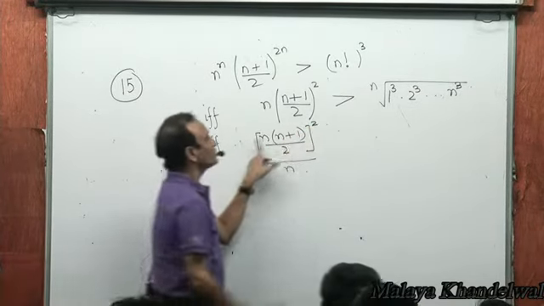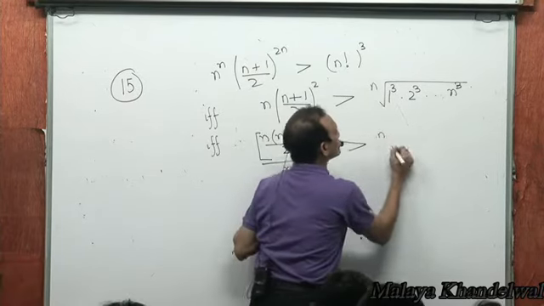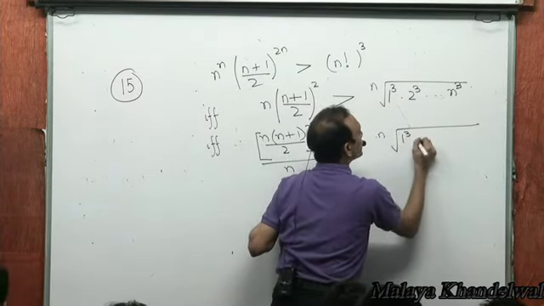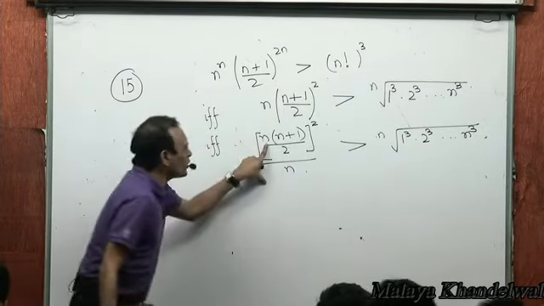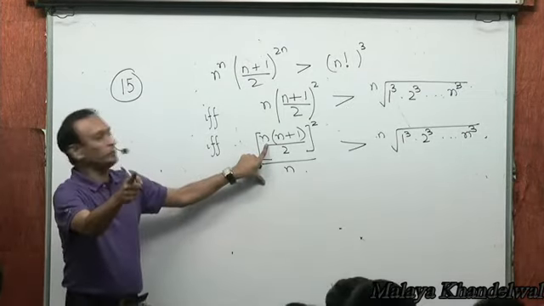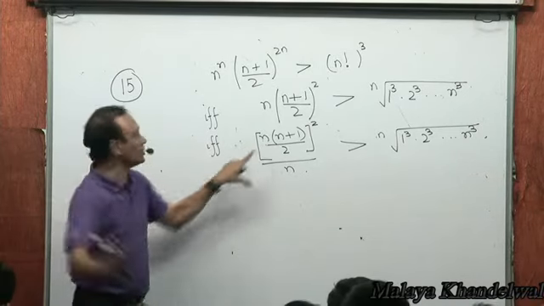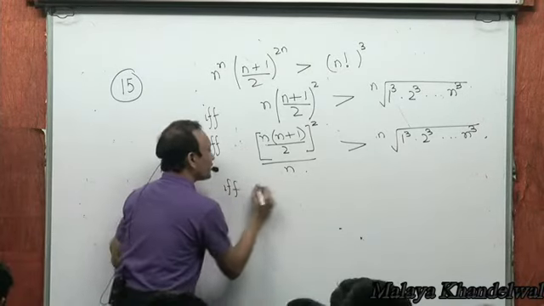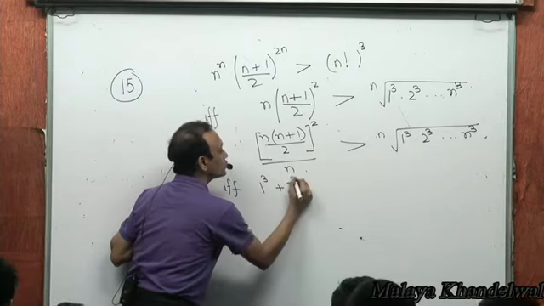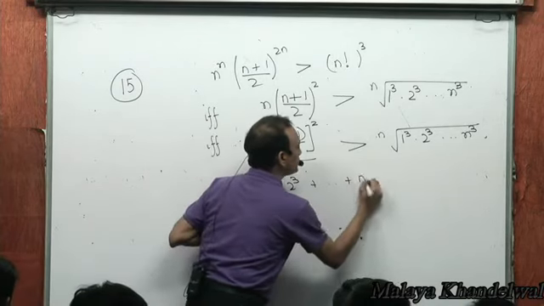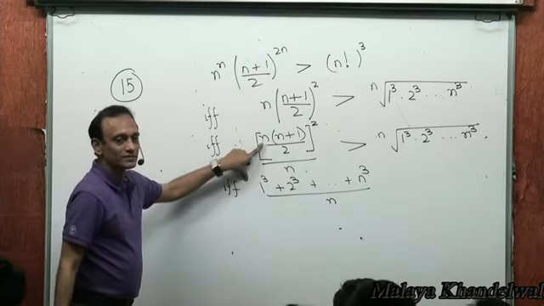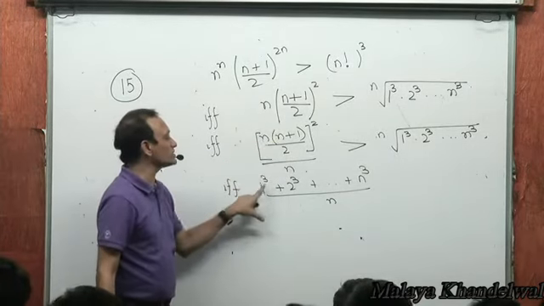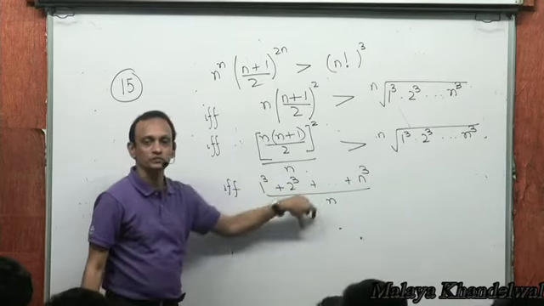Right? This will be true if this is greater than the nth root of 1 cubed into 2 cubed into n cubed. But what is this? 1 cube plus 2 cube plus n cubed, yes or no? Which is like 1 cube plus 2 cube plus n cubed divided by n. Isn't it? Because n into n plus 1 by 2 whole square is 1 cube plus 2 cube plus n cube.